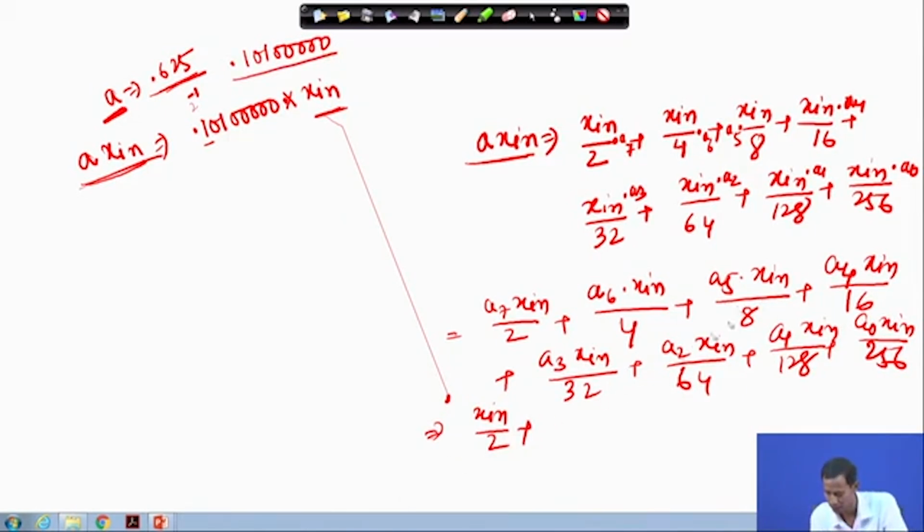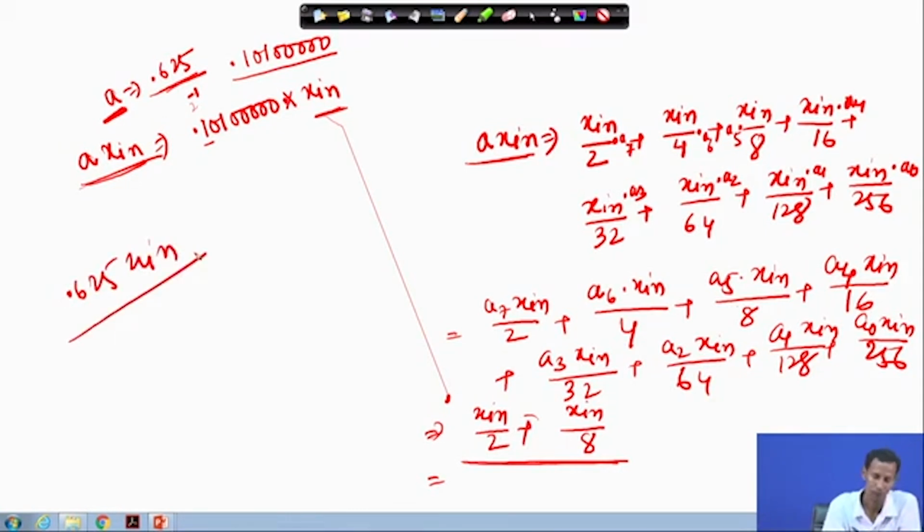So, this will be x in by 8, and the rest are all 0. So, all these other terms will be 0, and I require only one adder to do this 0.625 x in.